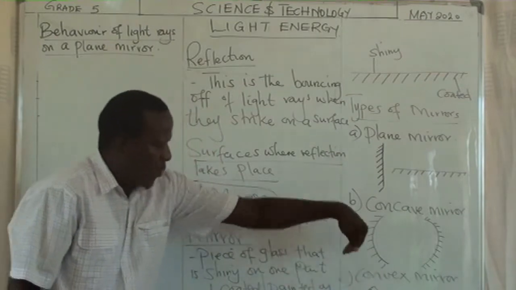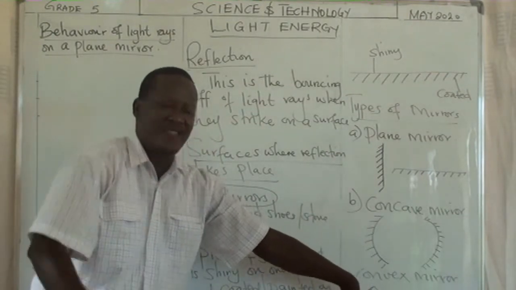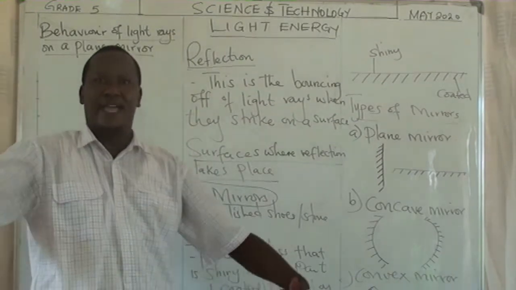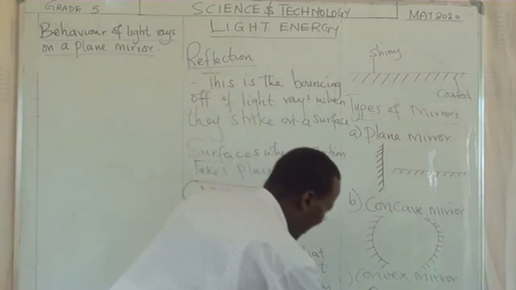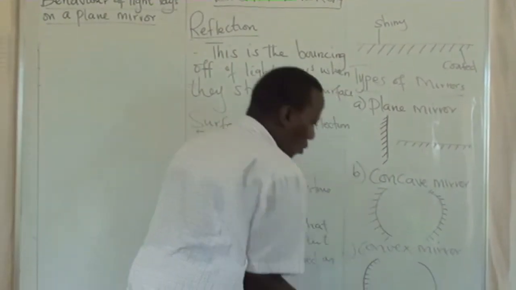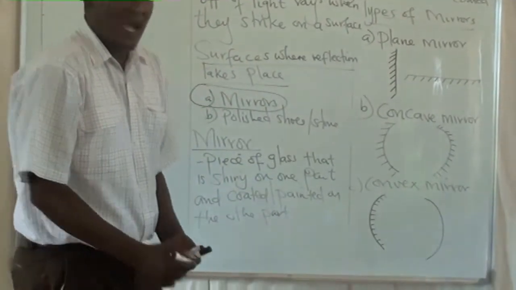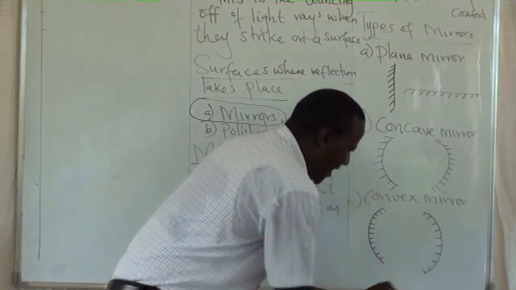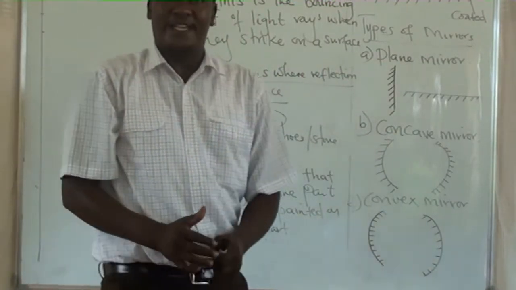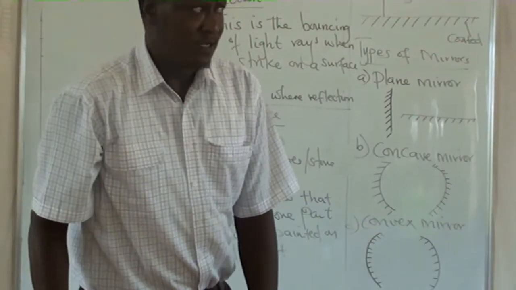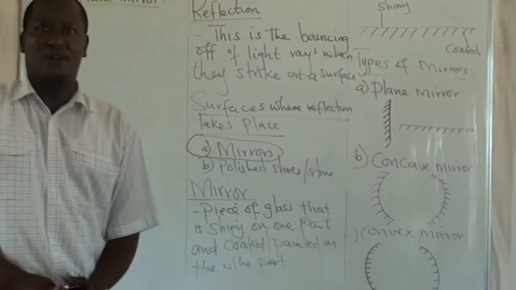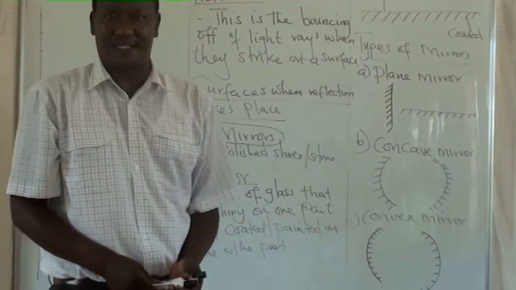The one that is bent inwards is the one that is coated, and this outer part that is shiny is the one that bends outwards. Another diagram, you can have that one there. Where do I put my paint? I'm going to put it inside here, whereby the bent inwards is coated, and the one that bent outwards is shiny. So those are the three types of mirrors that we have discussed today.